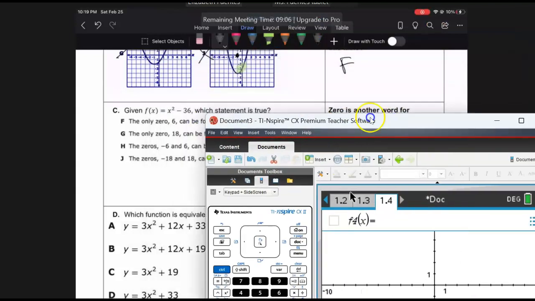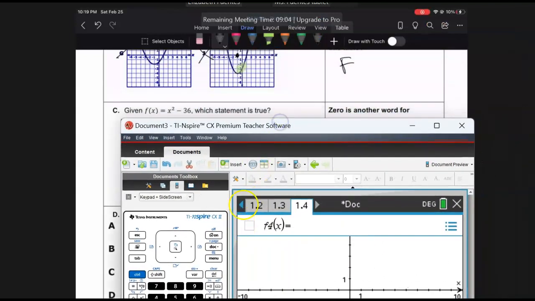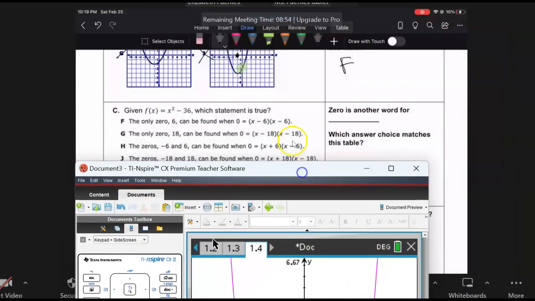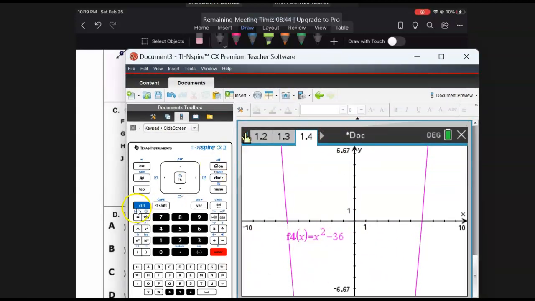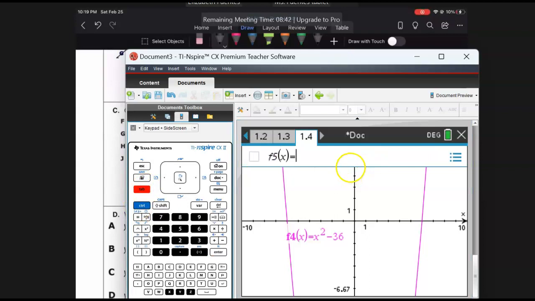So I'm going to put in my original equation, which is x squared minus 36, and I'll press enter and it'll give me a pink graph. Now when they give you an equation and then you have to match it to another equation, then you're going to put both equations on the same page. So to do that, you'll press tab and it'll let you put in another equation.